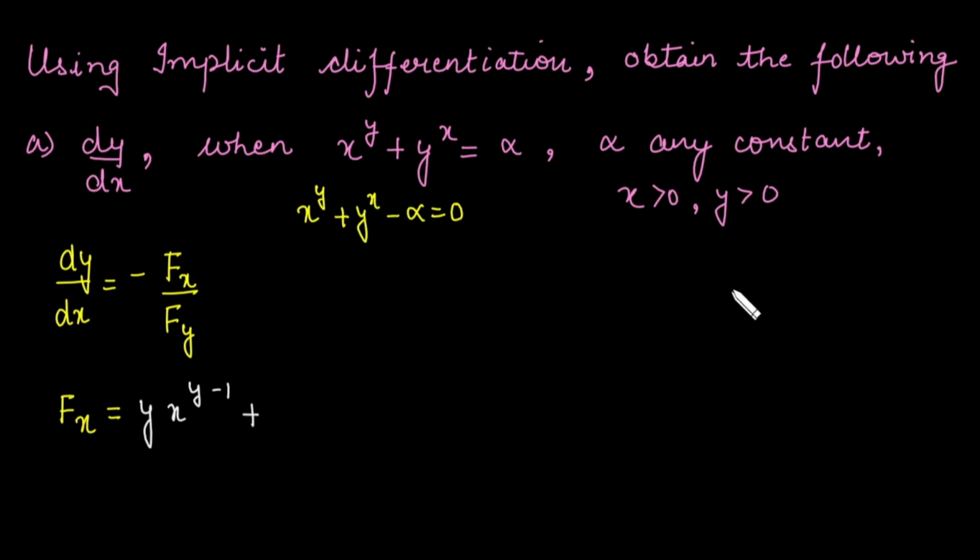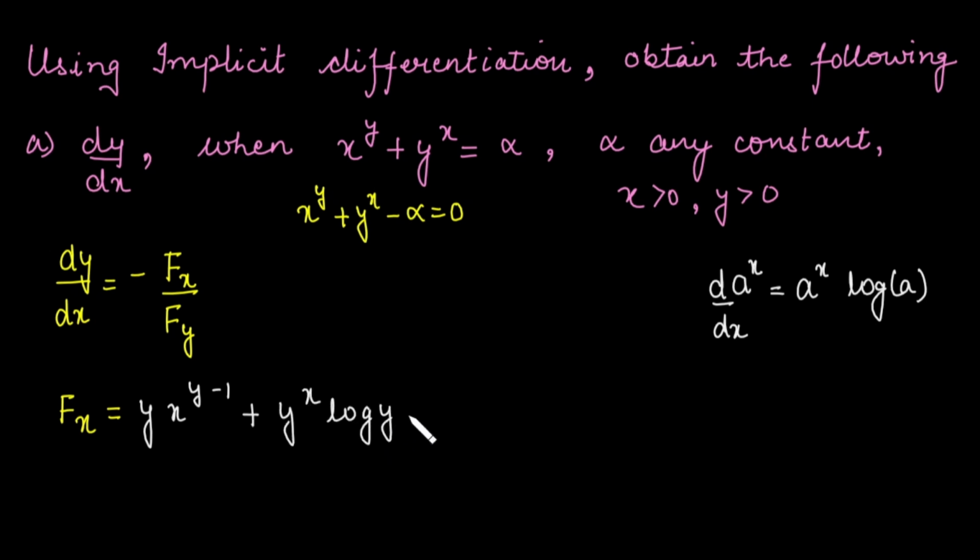Now y is a constant, so in this case we will use this form: the derivative of a raised to power x is equal to a raised to power x log of a. According to this, we have y raised to power x log of y, minus the derivative of alpha with respect to x, which is 0 because alpha is a constant.